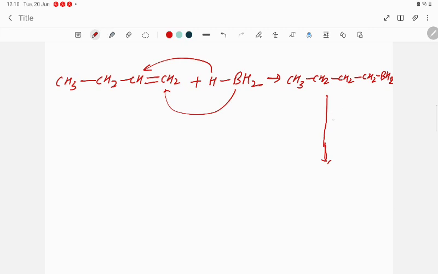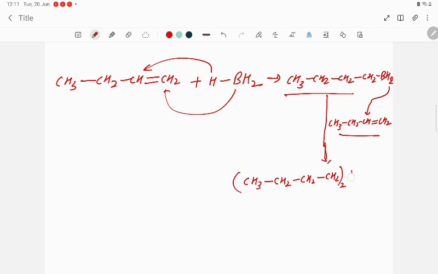So you add another molecule of butene here: CH3, CH2, this is CH, double bond CH2. So this hydrogen is coming here. Let us see the intermediate, the dialkyl borane you are going to get: CH3, CH2, CH2, CH2, 2 times, and this is the BH.